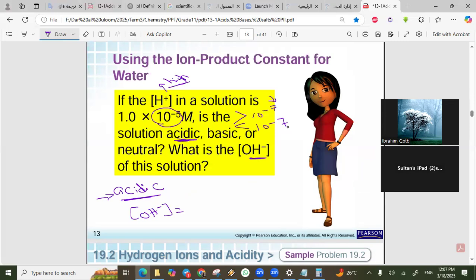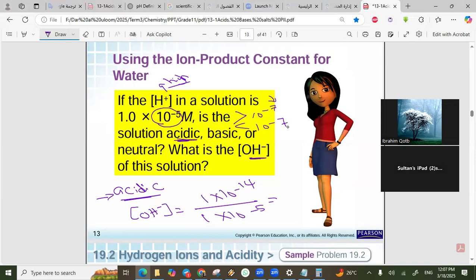To calculate it, it's very easy. Just divide 1 times 10 negative 14 over the concentration of hydrogen, which is 1 times 10 negative 5. You can use your calculator or you can do it directly.